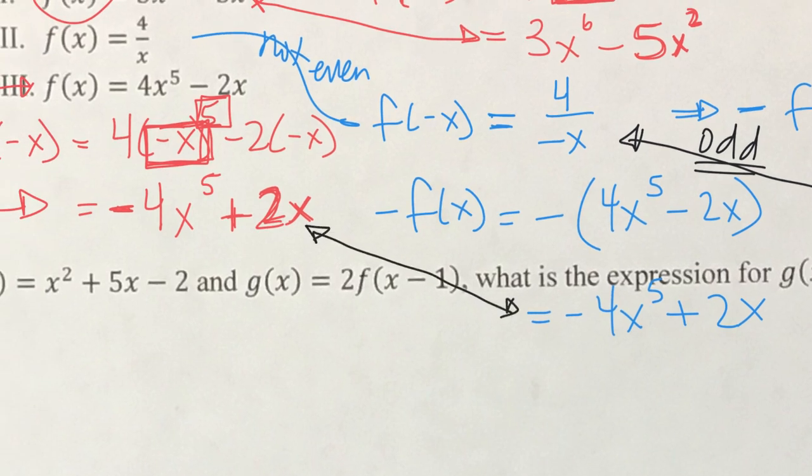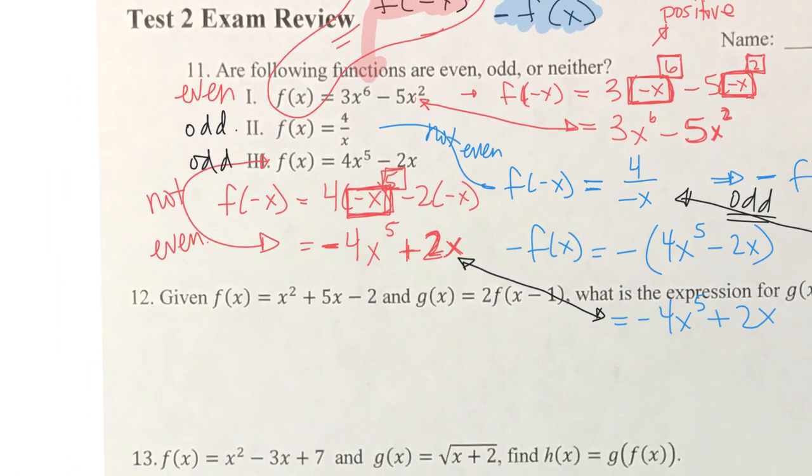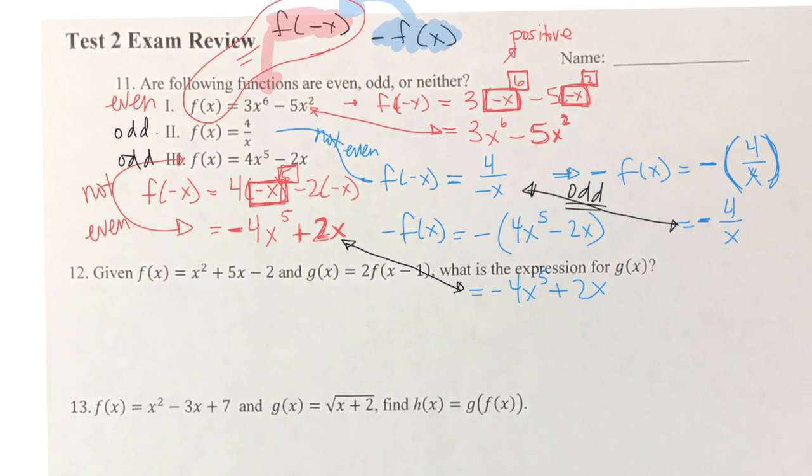Seeing that they're the exact same thing, we can say that number 3 is also an odd function. Okay, so we're using the algebraic definition of even and odd when we're given an algebraic equation. Right? We're testing to see whether replacing x with a negative is the same thing as what you started with, or if it's the same as making the entire thing negative.